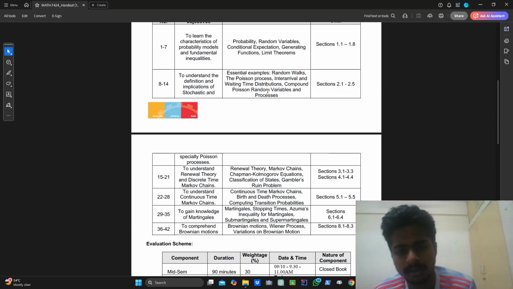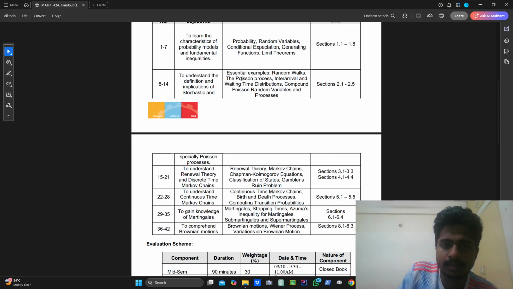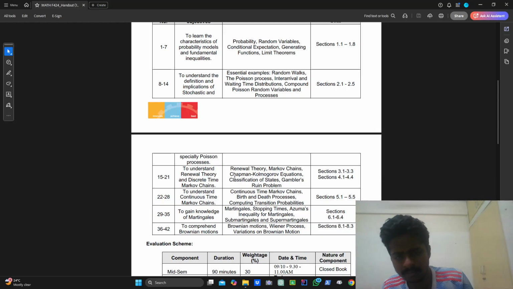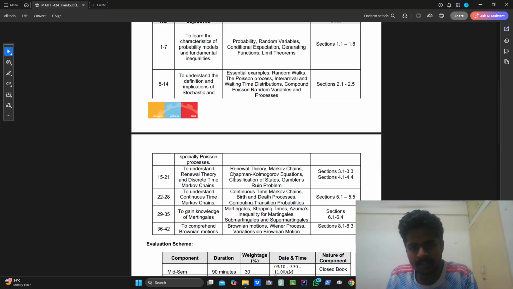Why these things are required to be discussed is to move on to the next thing, which is renewal theory, Markov chains, and related things. So again, the purpose of all these things is to study time evolving processes. A Poisson process is a stochastic process, it evolves with time. A Markov chain is a stochastic process, it evolves with time.